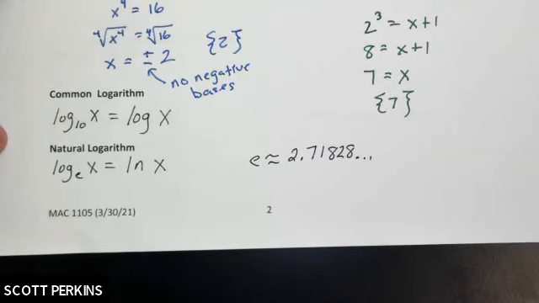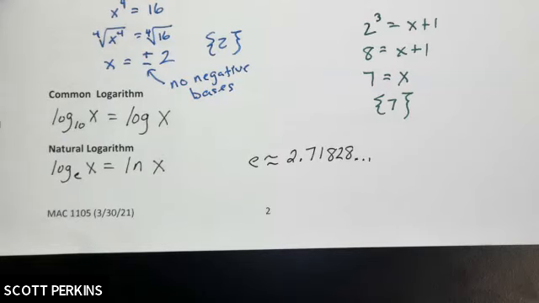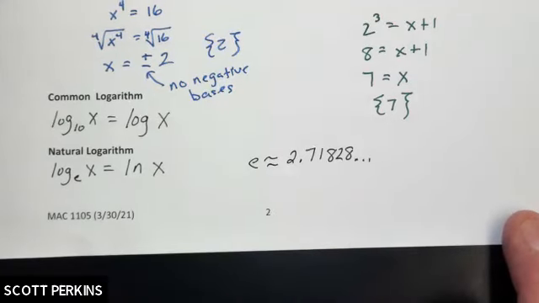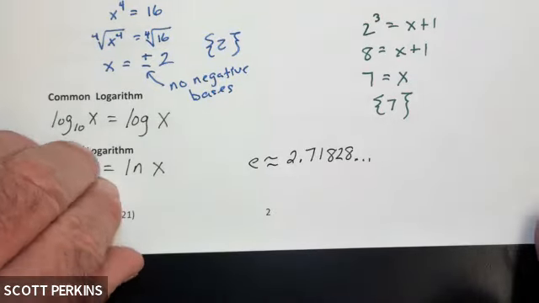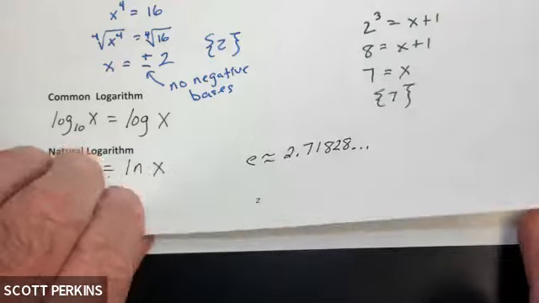So you will have some problems in the book on your homework that'll involve the natural logarithm, but for no other reason than it obeys all the same properties of any other logarithms. On your test, I favor just using common logarithms because you have more experience with that, and we haven't really talked about where e comes from. It just kind of pops up in this class.